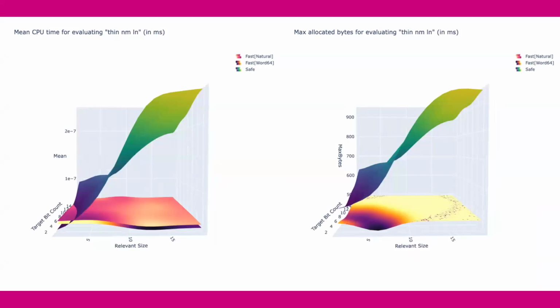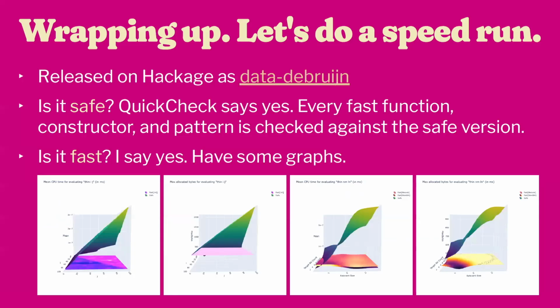And the same for thinning composition. It gets a little bit more wobbly, but the wobbles at the bottom, that's constant time, just deformed by my measuring. And then the other one, the safe version, does very clearly scale linearly. That's, by the way, memory usage on one side and runtime on the other, so both scale linearly. Perfect.